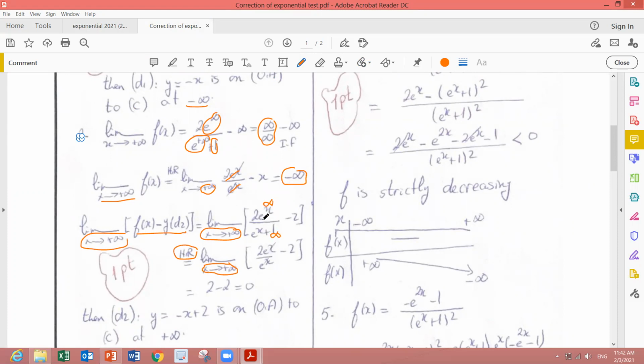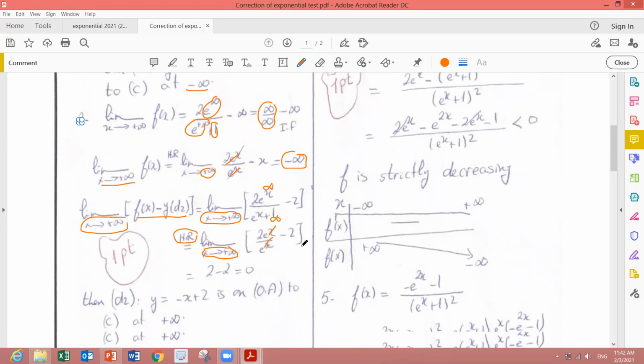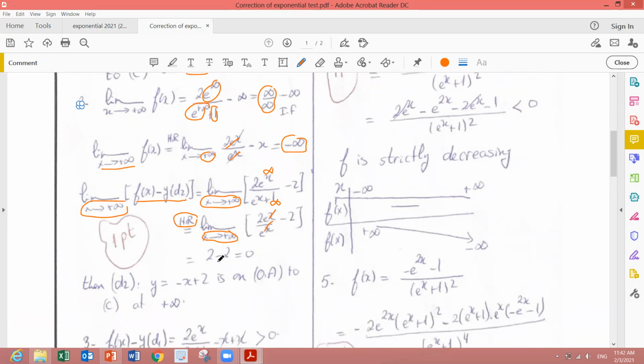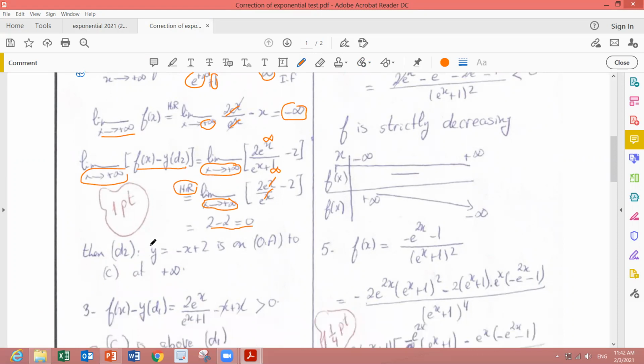So it is 2e^x over e^x, simplified, so 2 minus 2 equals 0. Then we say that the line D2 with the equation y = -x + 2 is an oblique asymptote to C at plus infinity.